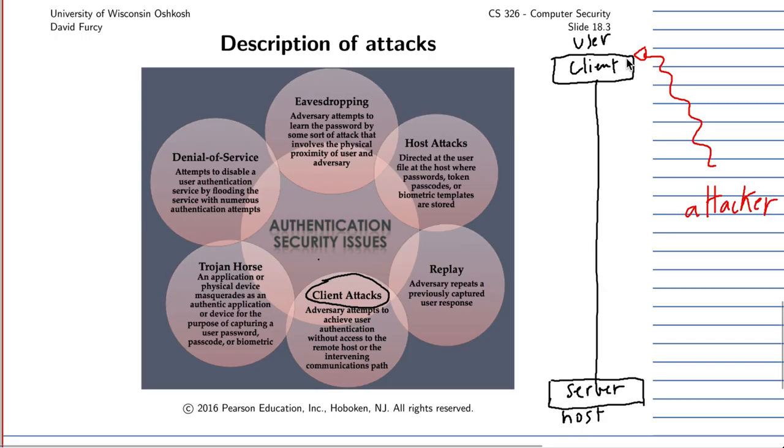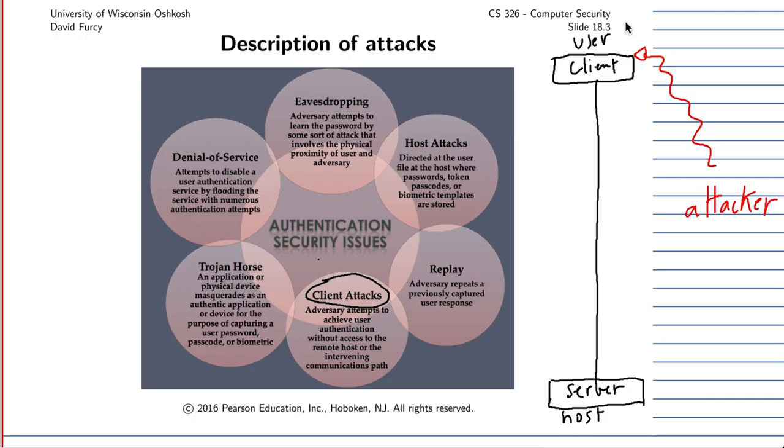Another example is the video that I referred you to in the previous lecture, the Mythbusters episode where they were stealing someone's fingerprints and then recreating a fake copy of that biometric characteristic and then using it to impersonate the user on the client side, on the sensor at a door. So these are client attacks because, again, they focus on this side of the communication link.